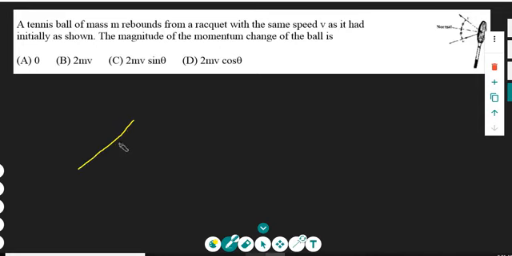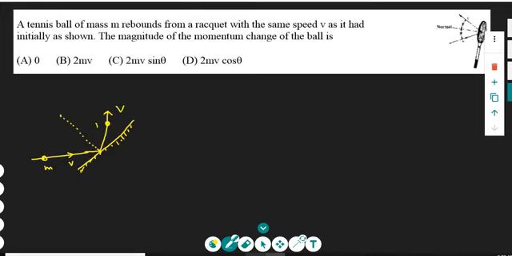So this shows the surface of the racket, and initially the ball comes in this direction. It has a mass m, and it comes with a speed v in that direction, and then it collides with the surface of the racket, and this is a perpendicular line I'm drawing to the surface, and then it bounces in this direction with the same speed v.